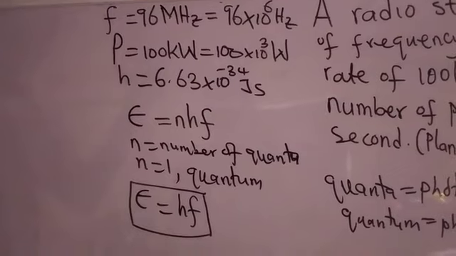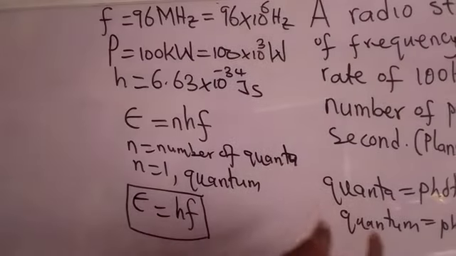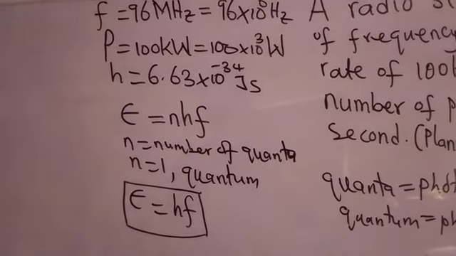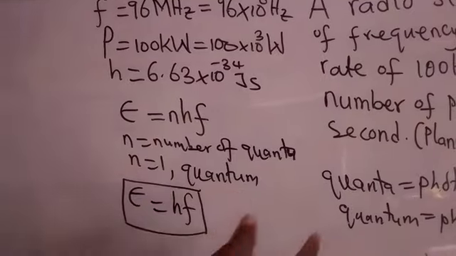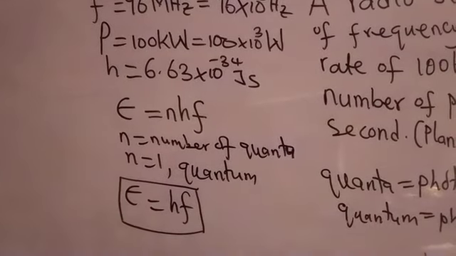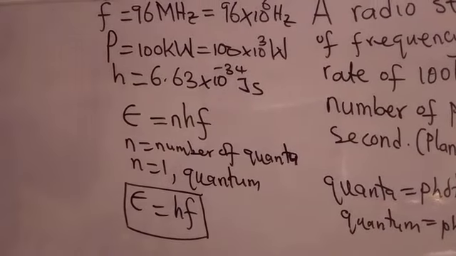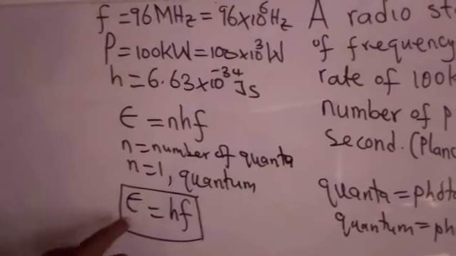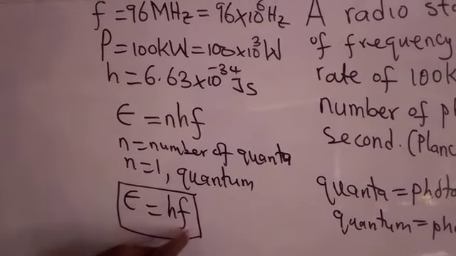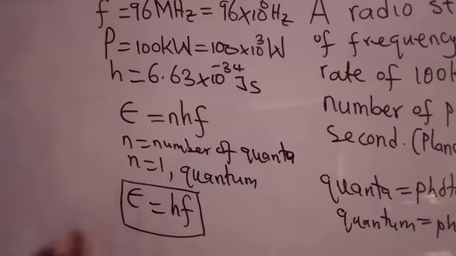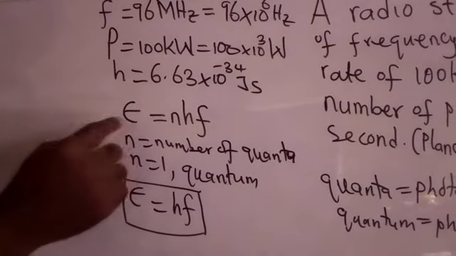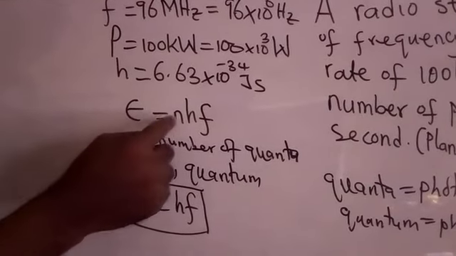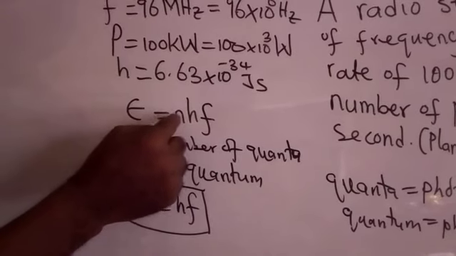Each packet of energy is called a quantum or photon. They have multiples of them. That's when you say quanta or photons. Now for one quantum or photon, the energy is given by hf. That means for multiples of quanta or photons, the energy is given by E equal to nhf.